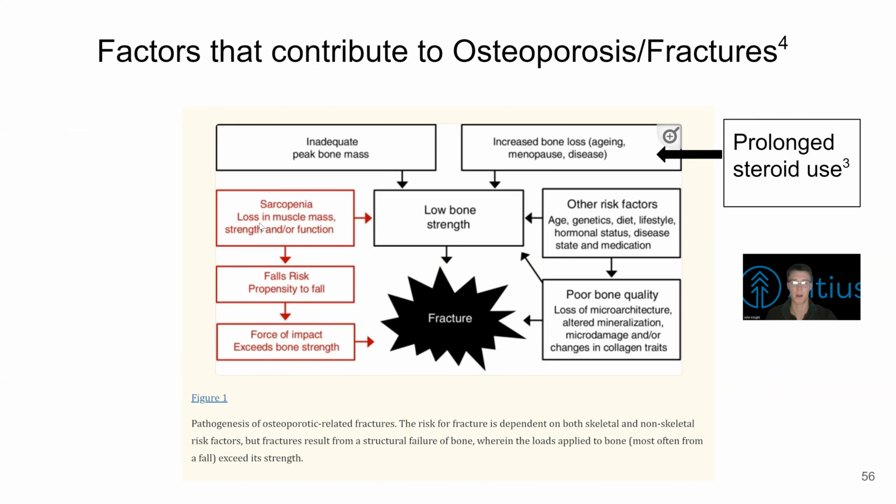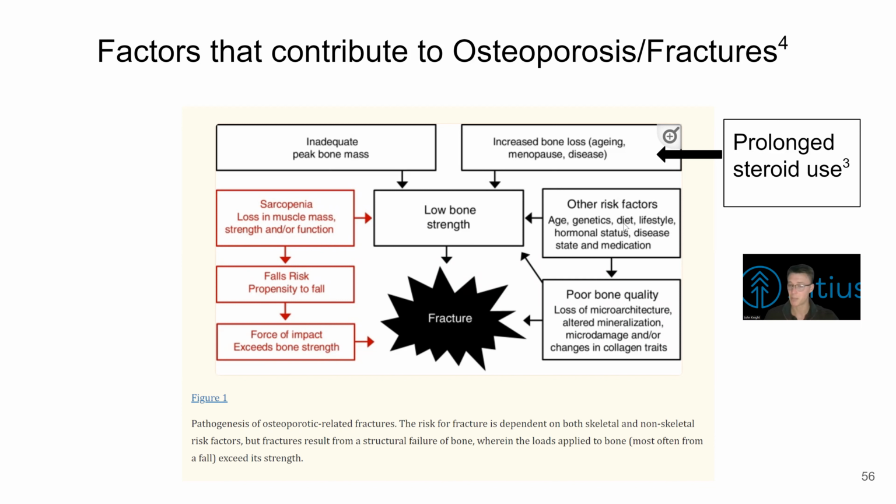Let's talk about some of the factors relating to bone strength. So ultimately, we're trying to prevent a fracture down here, right? And if we can improve your bone strength, we can reduce the likelihood of a fracture, but low bone strength is going to increase the likelihood of a fracture if you have a fall or something like that. The factors that contribute to low bone strength are age, right? As we get older, we know that we lose some of our bone mineral density.